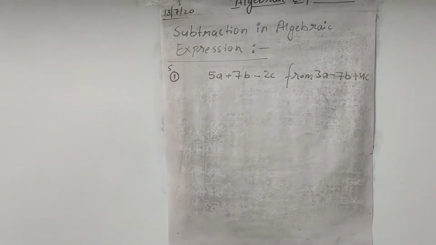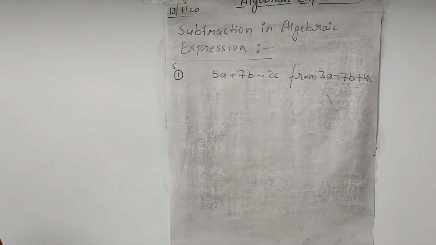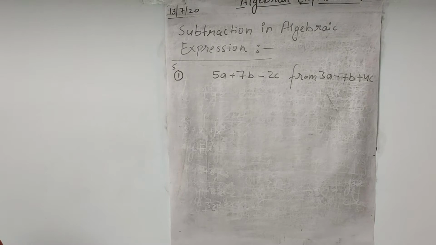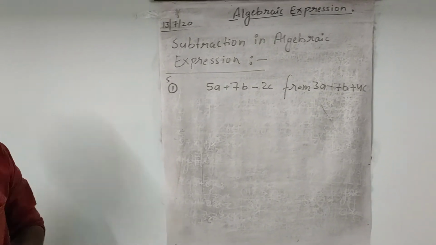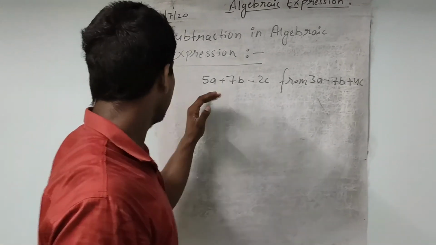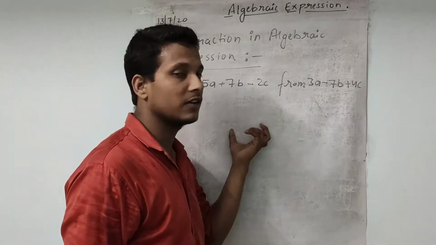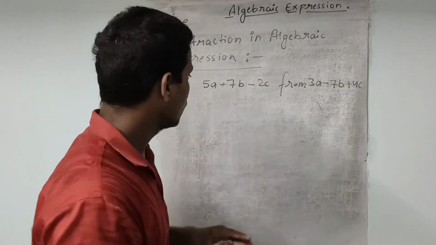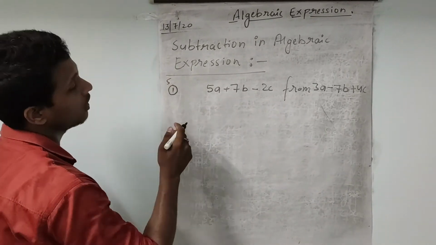So what we need to do here, first we need to understand how we will subtract. Here we need to subtract this value from this, so this value will be written first, and after that this value. I will tell you this question with both methods.